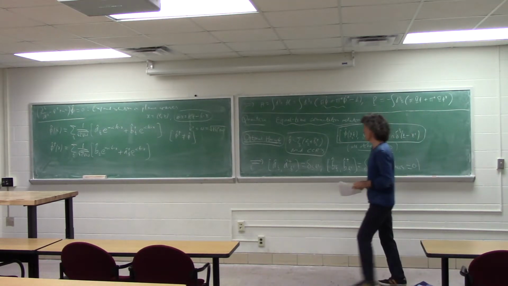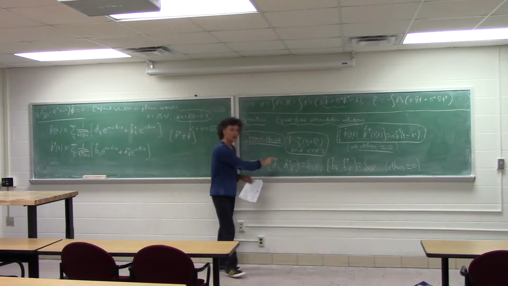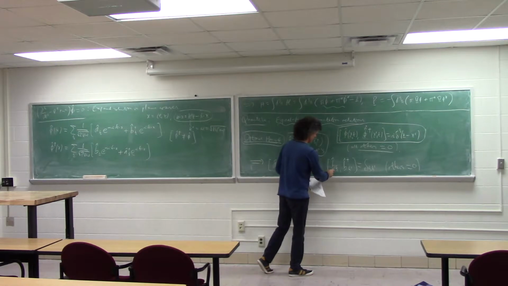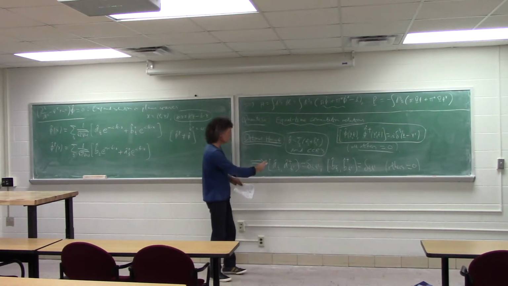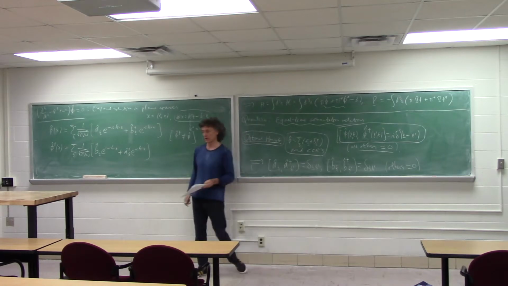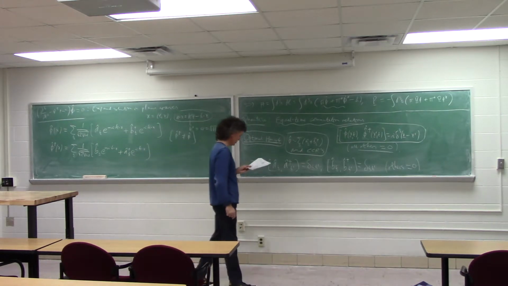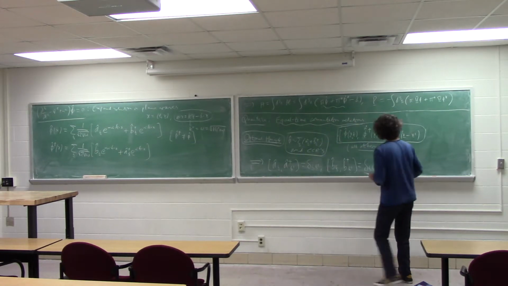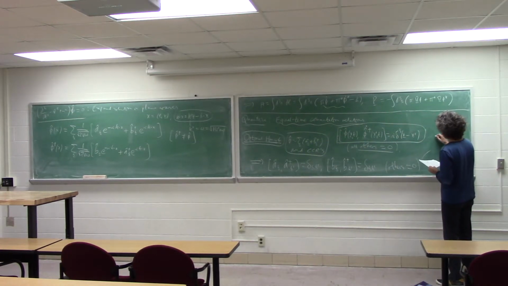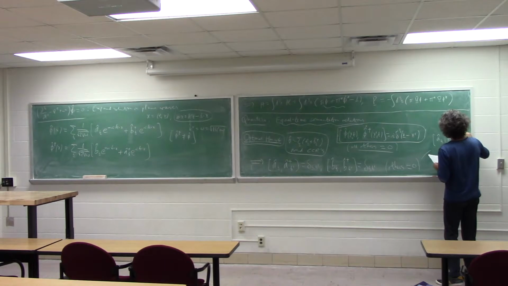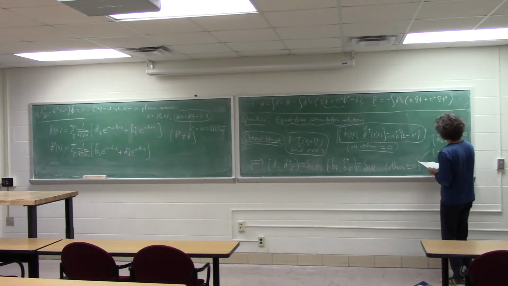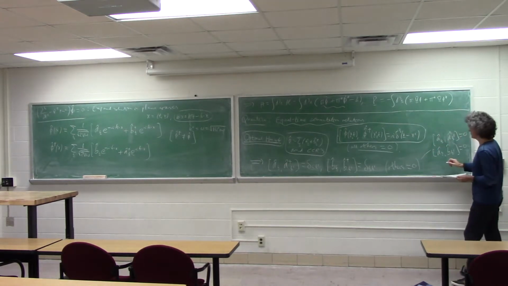So here we have the commutation relation of a and a dagger. Here we have the commutator of b and b dagger. And you see you get the usual result that you're used to from the harmonic oscillator. And of course, all other commutators are 0. So what do I mean? I mean that of course a_k with a_k' is 0. a_k with b_k' is 0.